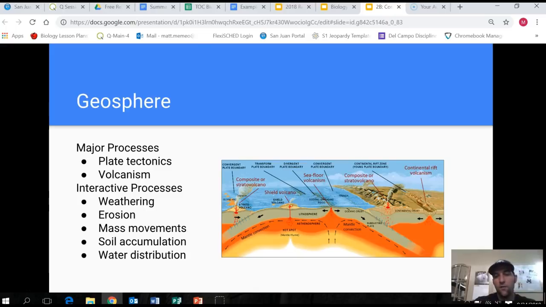All right, so first one we're going to start with is the geosphere. Some of the main things you need to make sure you're familiar with: plate tectonics. So hopefully by now you know that the Earth is made up of these giant plates of crust of the lithosphere. It's been broken over time into these big giant slabs of Earth, basically. So when we talk about plate tectonics, we're talking about the movement of those plates.